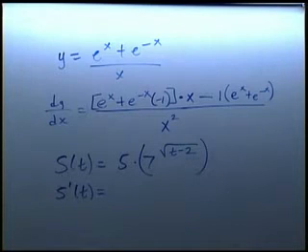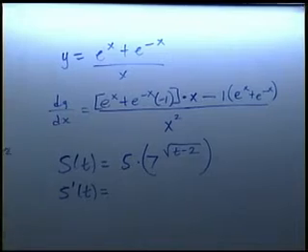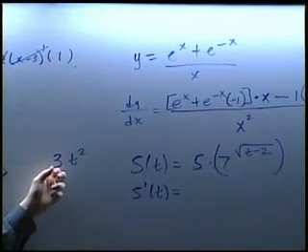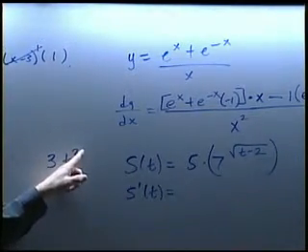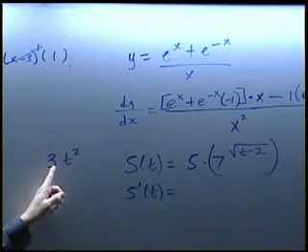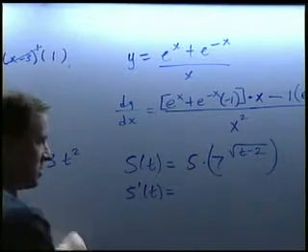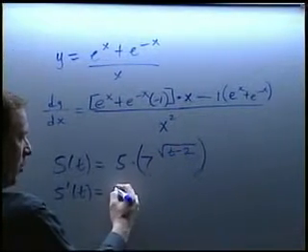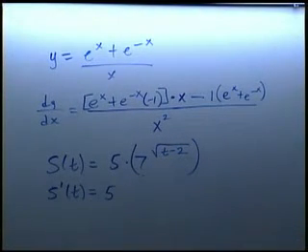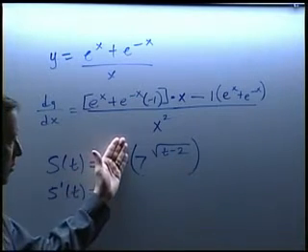Just off to the side, a really simple example, what if I had 3t squared? What do I do with this 3? Well, it just kind of stays there, doesn't it? And it ends up getting multiplied by 2. So the same thing is going to happen in this example. That 5 is just going to stay out front because it's multiplied by the function. So it just stays out there as part of the derivative.